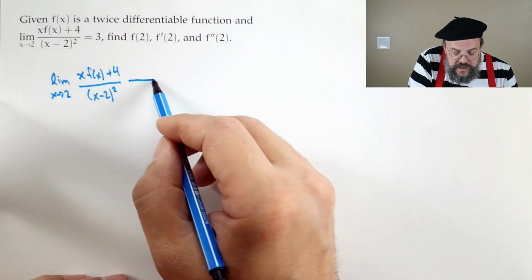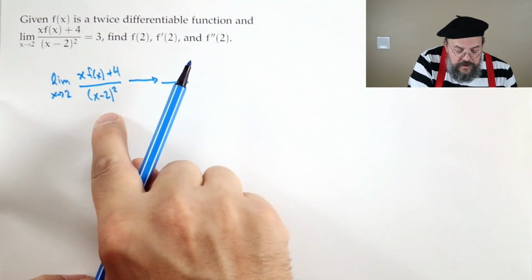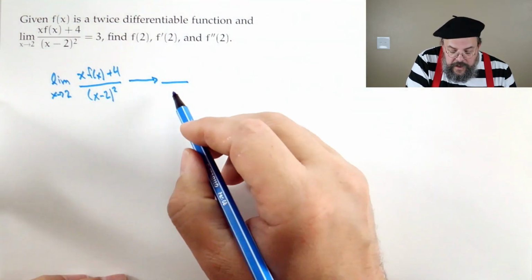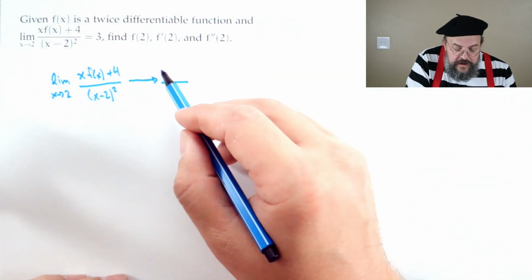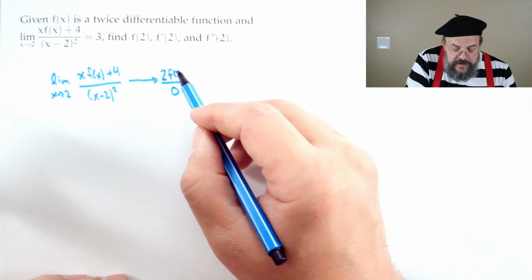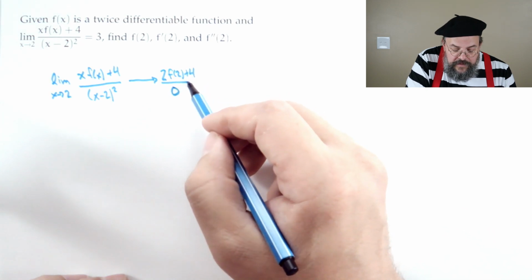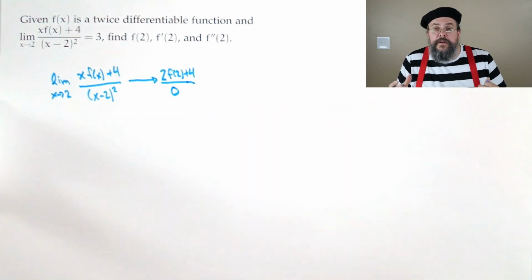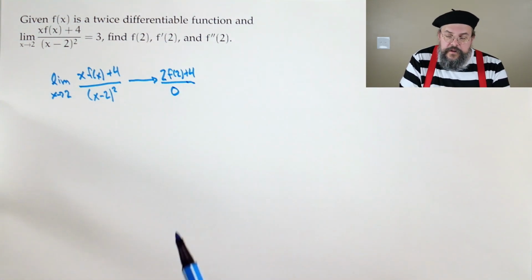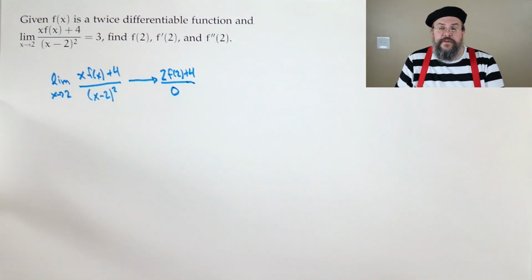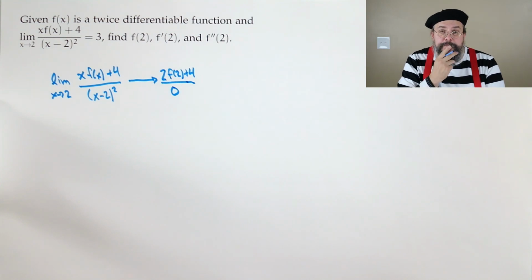Well, initially, when we plug in, 2 minus 2 squared is 0. All right, upstairs we get 2 times f of 2 plus 4. So if we just saw the limit and didn't know that the answer was 3, we'd say, well, this is what's happening to the expression. It's approaching 2 times f of 2 plus 4.